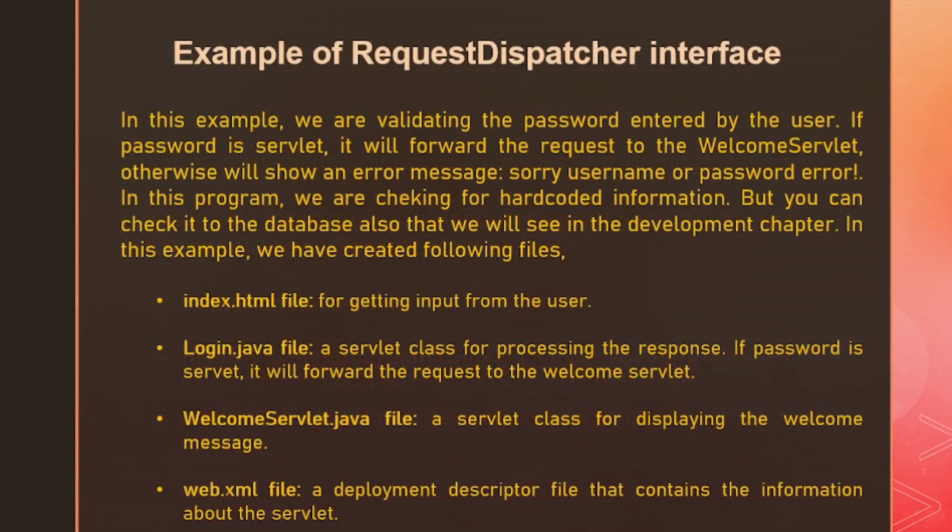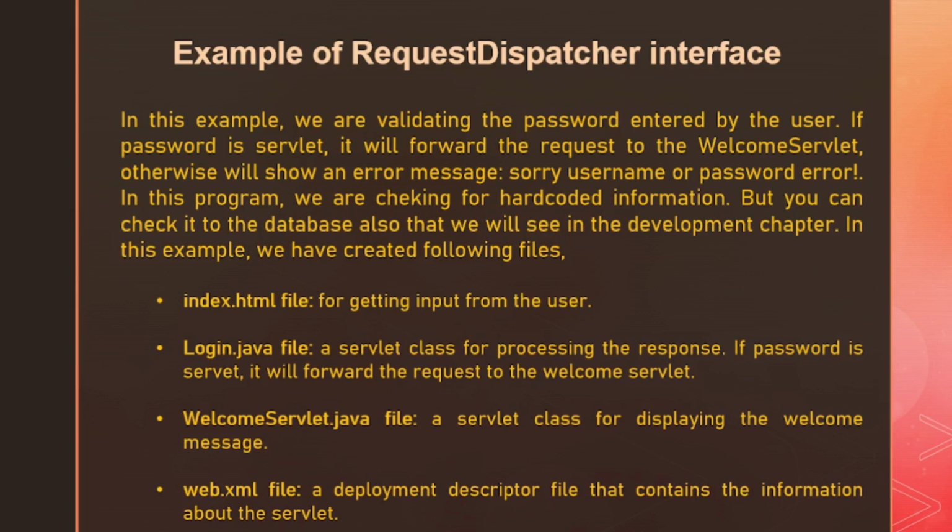What are the examples for request dispatcher interface? In this example, we are validating the password entered by the user. If the password is servlet, it will forward the request to the welcome servlet.